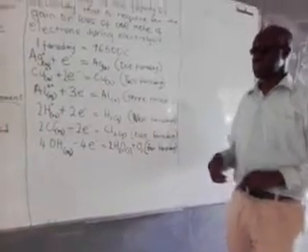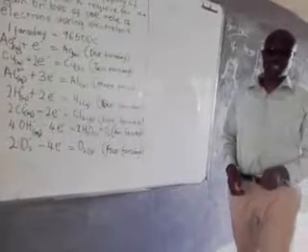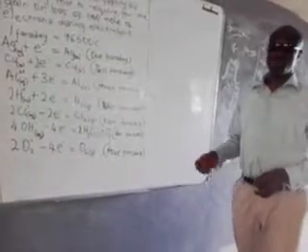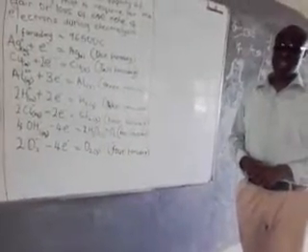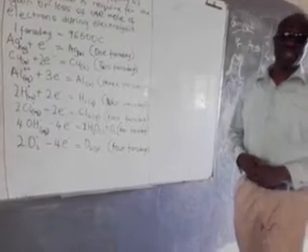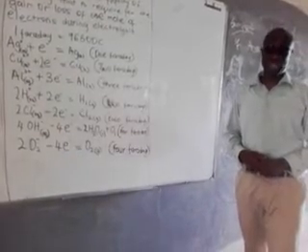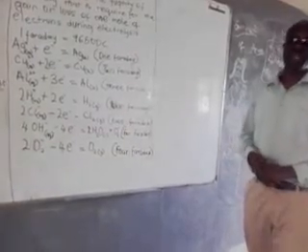This equation, the discharge of oxygen gas, can be written as 2O2-, because the oxide ion is a divalent ion and oxygen gas is a diatomic molecule.